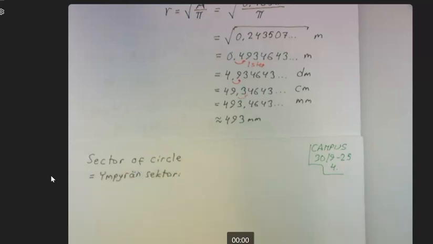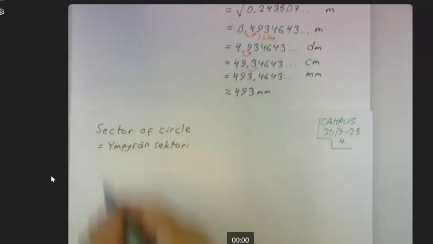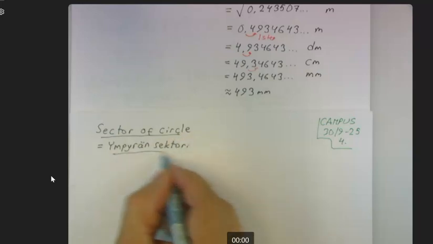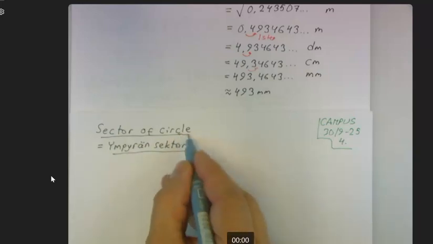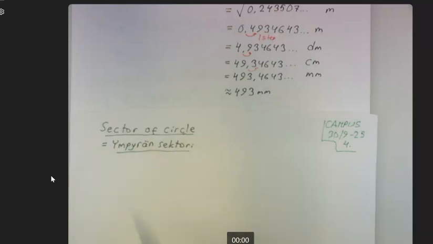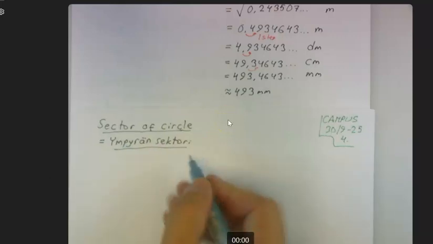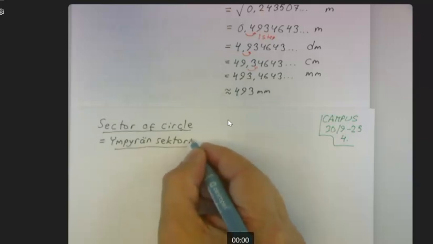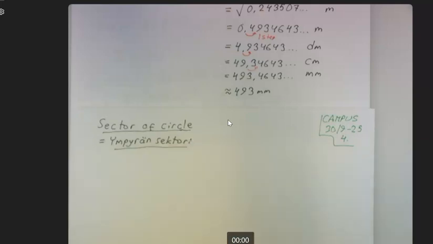Ympyrän sektori in Finnish. Ympyrä is circle and sektori is sector. So here you again see this Finnish way to add the I letter to the end of the word, sektori.